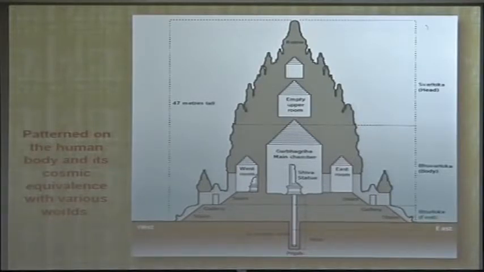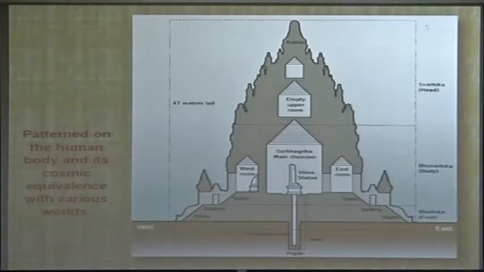But in addition, there is a cosmic equivalence where the feet are equated to the earth and the body is equated to Bhuvaloka, which is the intermediary world, whereas the head is equated to Swarloka, or the heavens. So, in other words, vertically speaking, the temple is again a miniature representation of the universe, because you have all those three worlds.